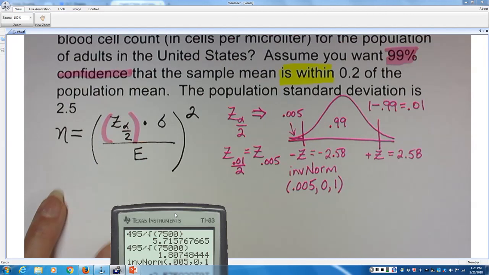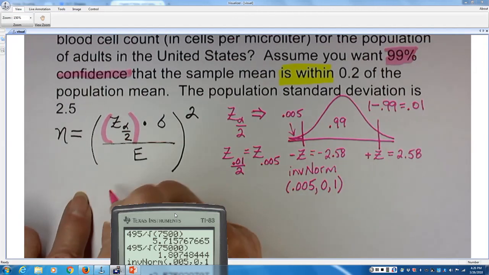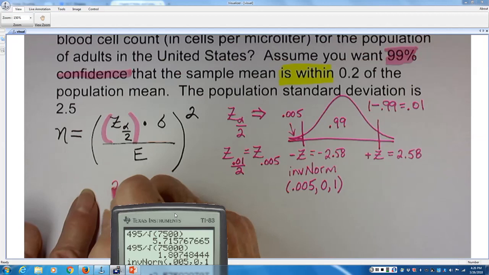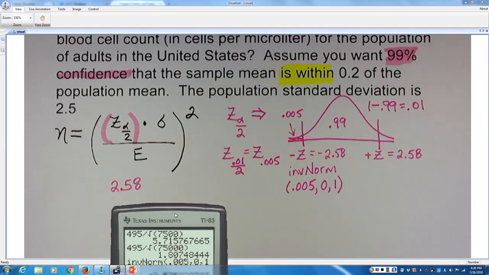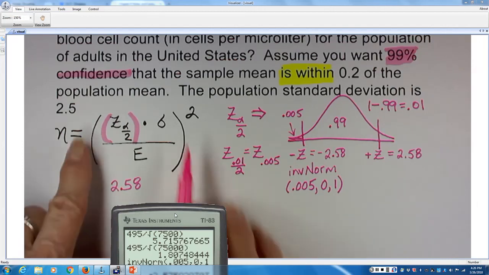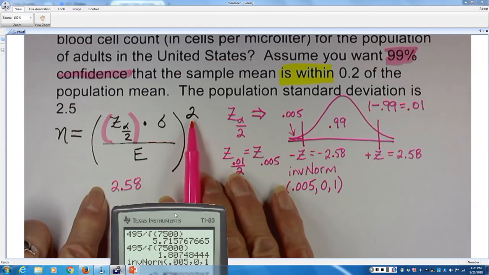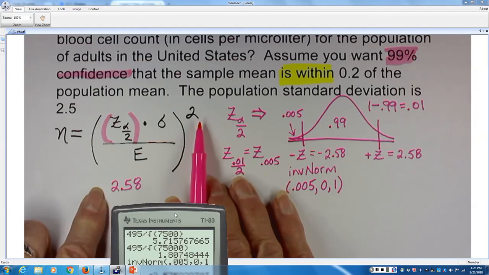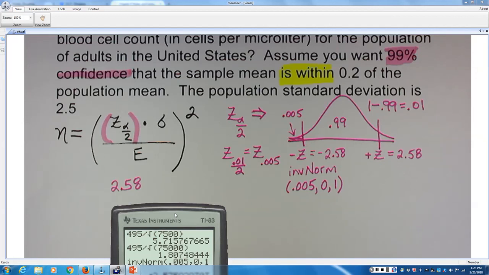So what that means is, in place of z alpha over 2, we're going to put 2.58. Now, if you're wondering why I use the positive one, it doesn't matter. You can use the negative one if you want to. The only thing that's different is that when you get done, you get a negative number, and at the end, when you square it, you're still going to get the same answer. Because when you square positives and negatives, the answer comes out to be positive.